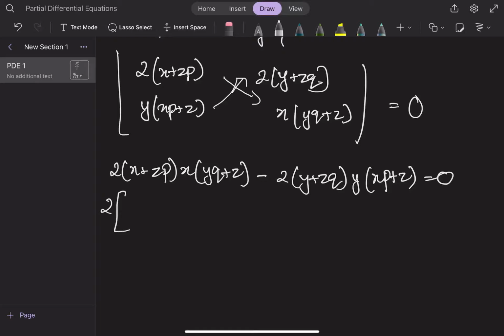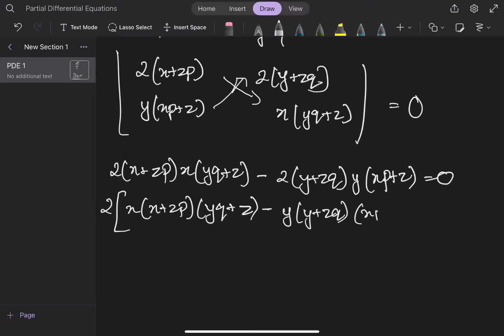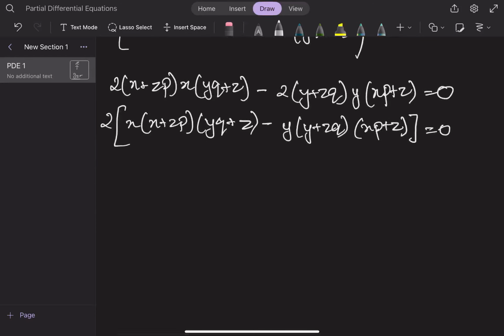Let's take out the 2. x into x plus zp, yq plus z, minus y into y plus zq, xp plus z. Guys, be very careful when you're solving this. So let's take the 2 to the other side.